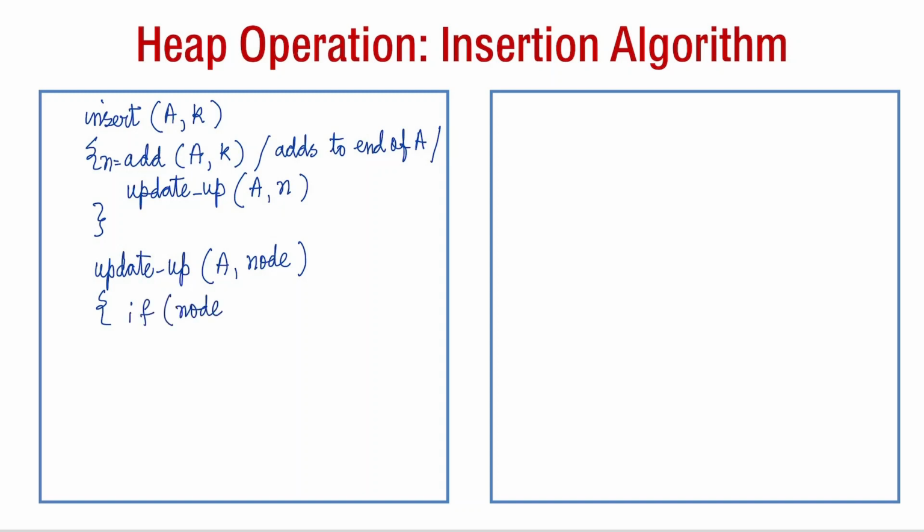If the node is not equal to the root, what is the root? The root is A1. If the node is not equal to the root, then we check if the key value of this node is greater than the key value of the parent.